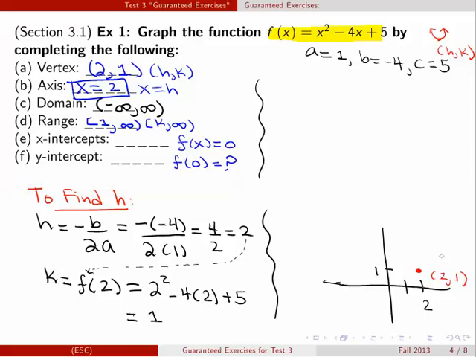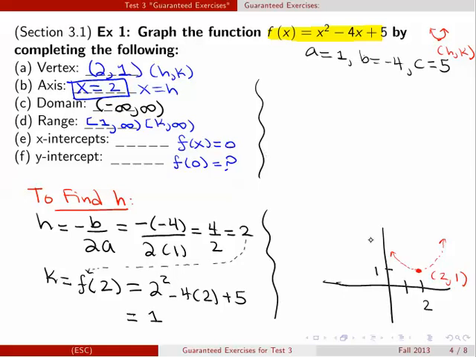Okay, so it's going to do something like this. We just need to know where it crosses the y-axis, and that's it. Notice that because it opens up, this won't cross the x-axis, so there are no x-intercepts. But we're going to set up a formula and show you why that happens.